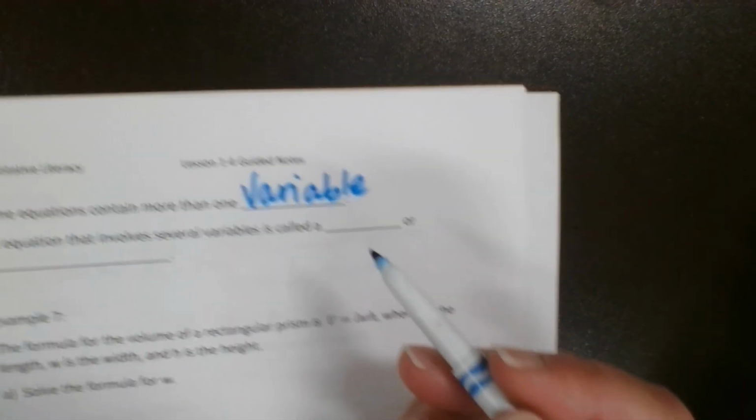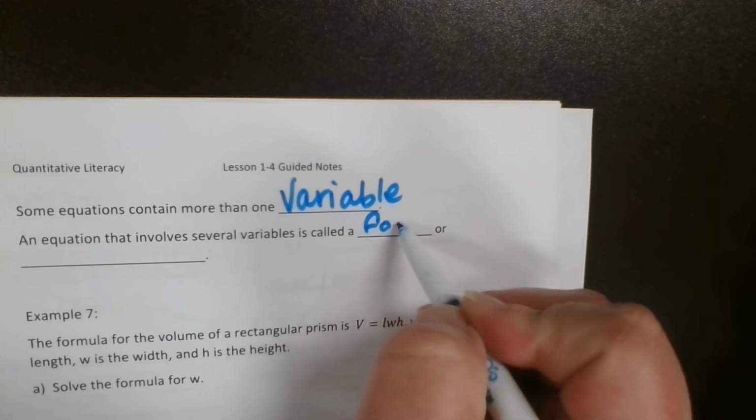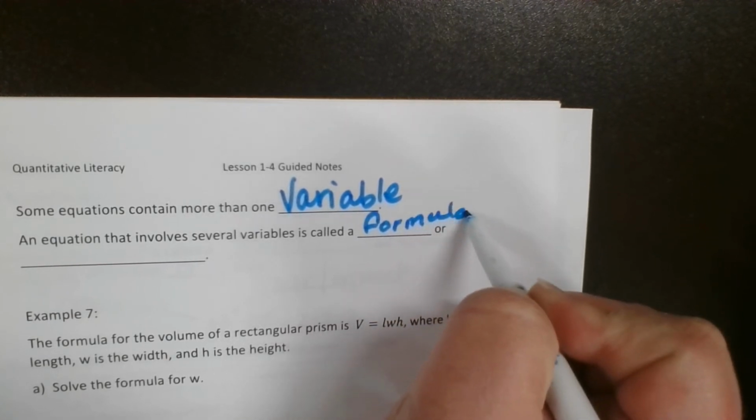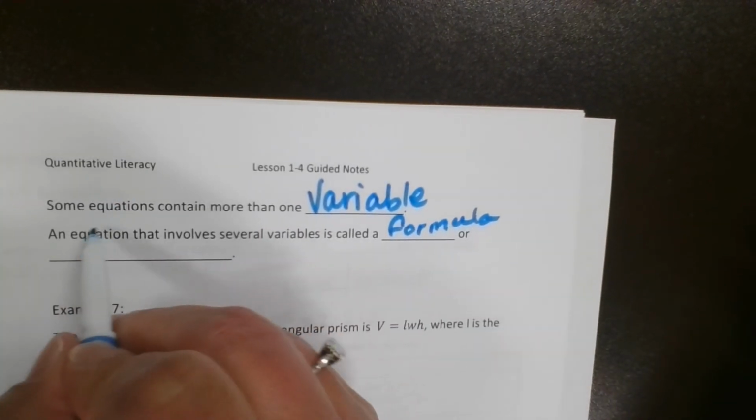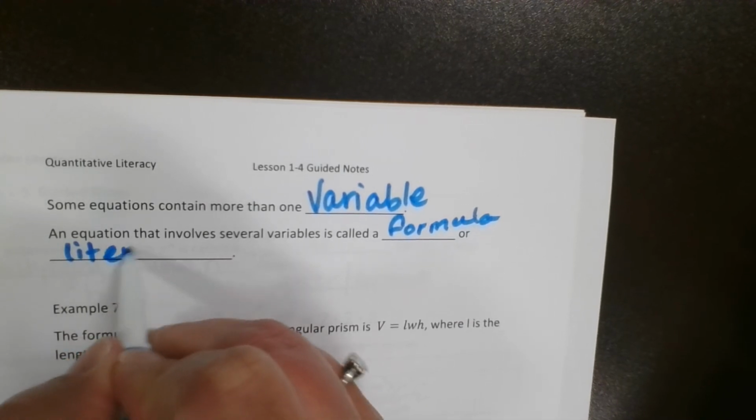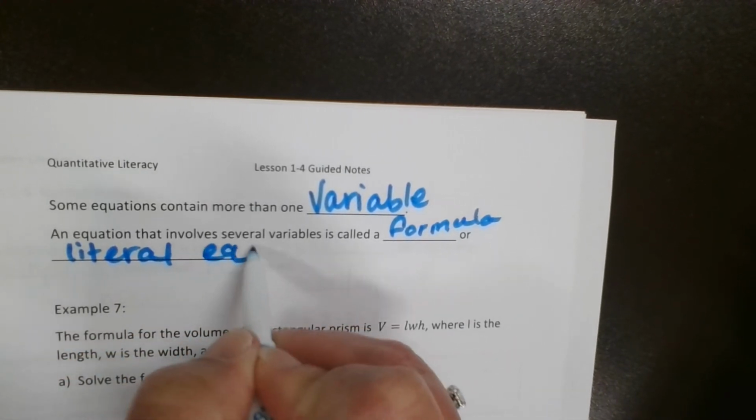So some equations contain more than one variable. An equation that involves several variables is called a formula, what we call a literal equation.